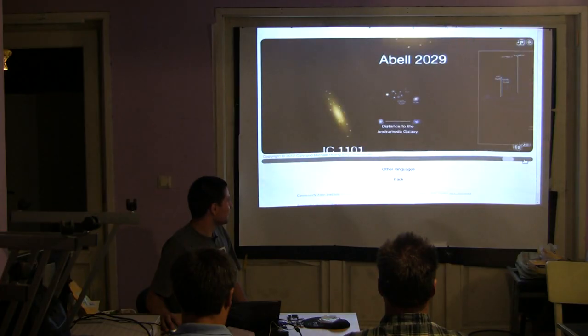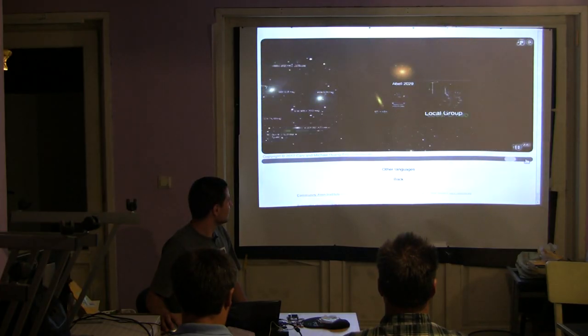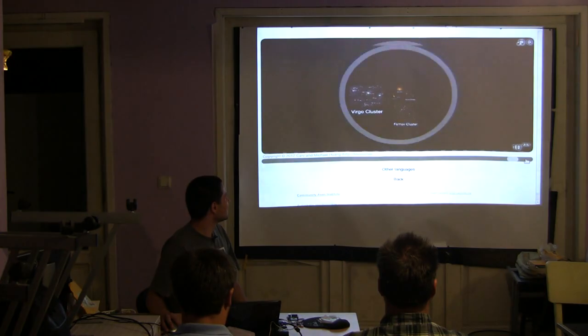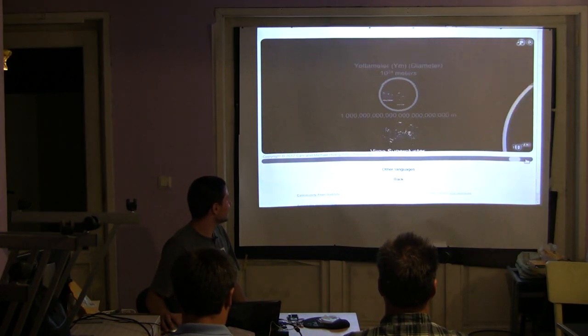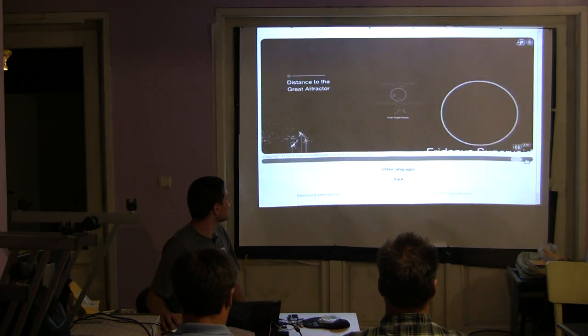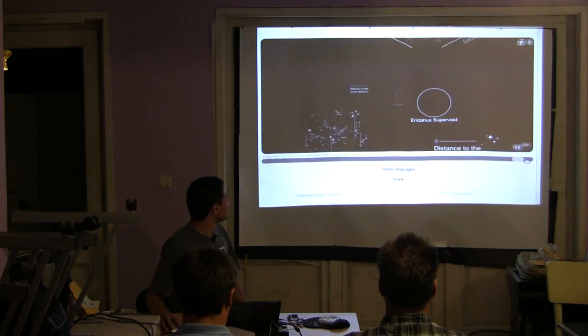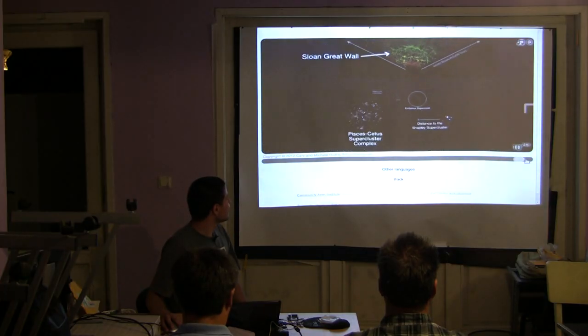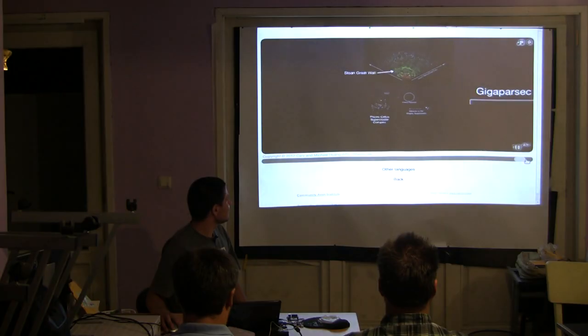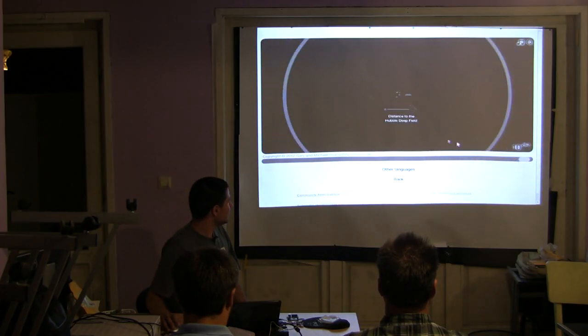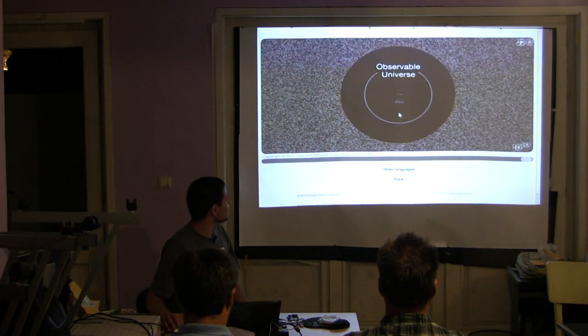I don't have any idea what's going on here. Clusters and distance to the great attractor, and at the end it's the Hubble Deep Field.